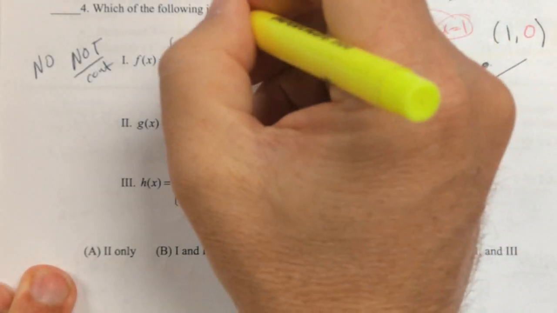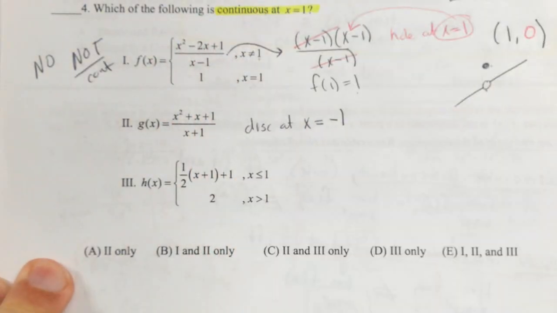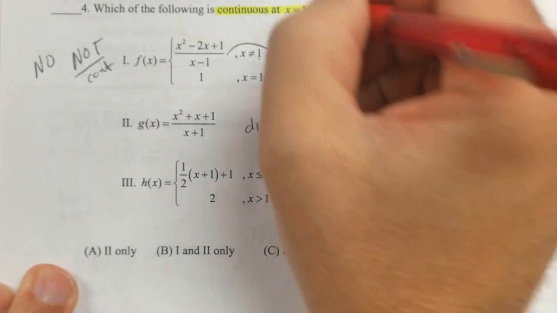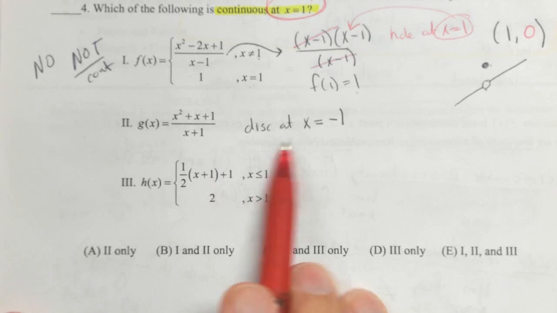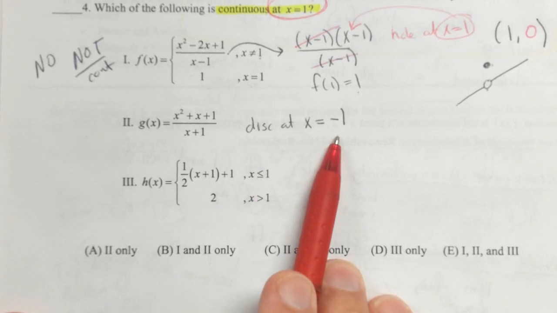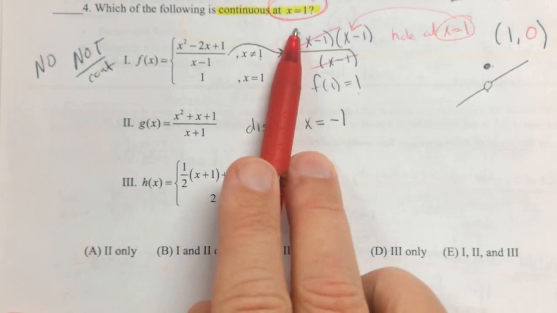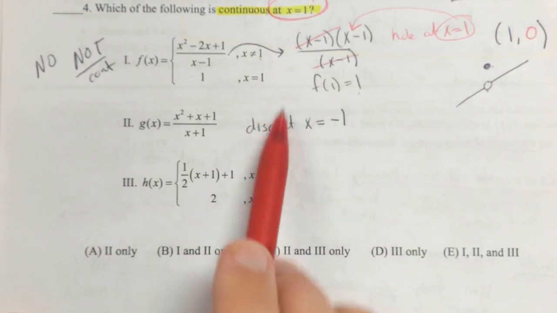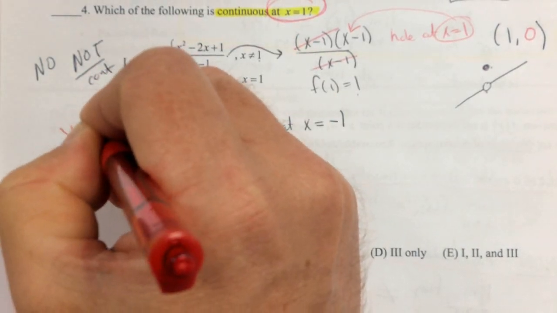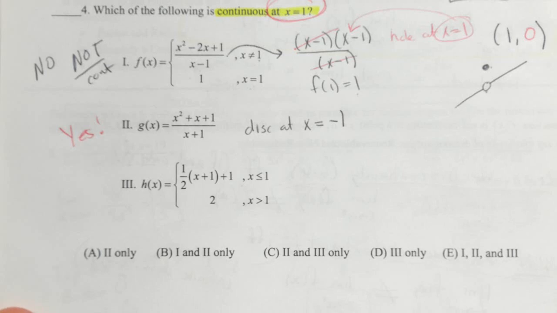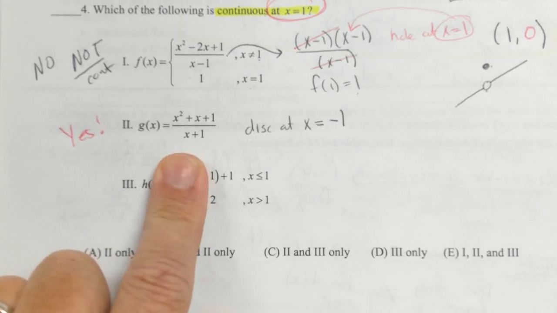Is that graph continuous at x equals 1? This thing has a discontinuity at negative 1. So is it continuous at 1? Yes, it is. So there's a problem, but the problem isn't what we're looking at. We're looking at 1. So this is yes, we're okay with this one. That's kind of a misleading question, because that graph is not continuous, but it is continuous at x equals 1.